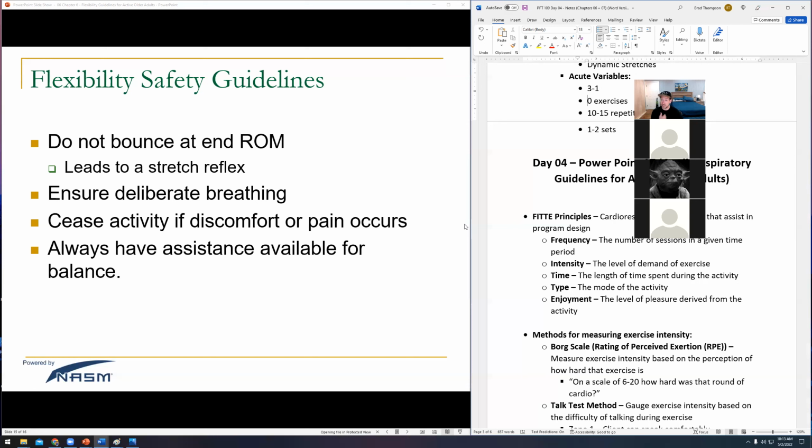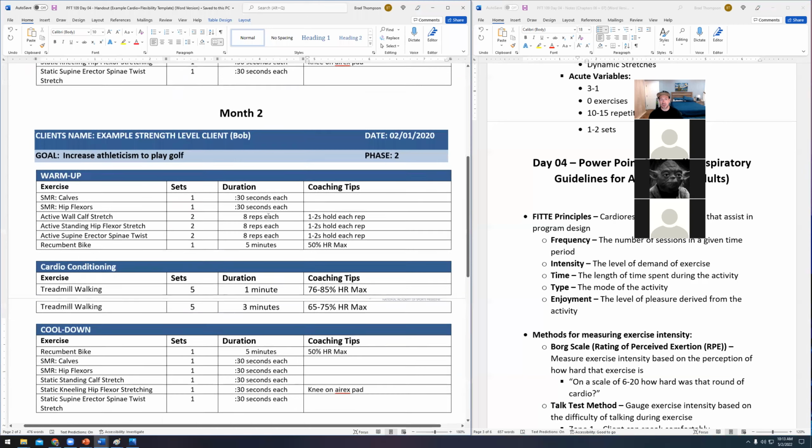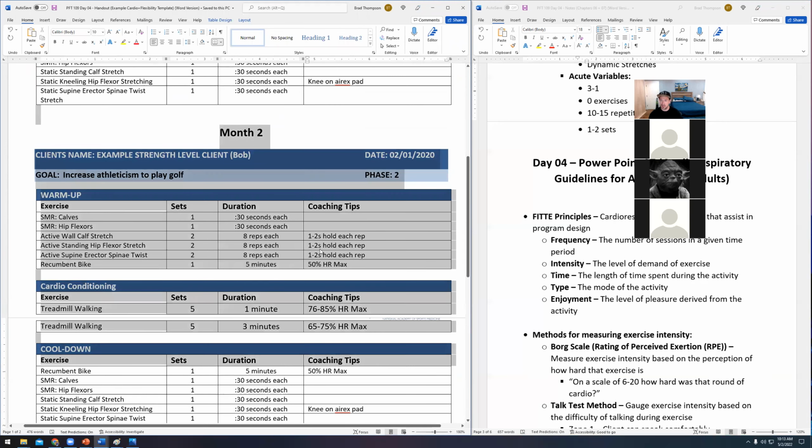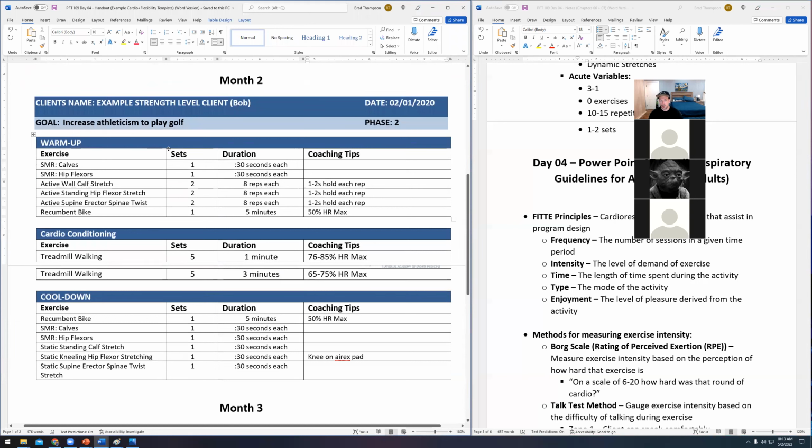But what I do, the reality is I build a lot of blended routines. So if I had a client that I'm doing some heavy strength training with, chances are I'm building mostly a strength routine, something that looks very much like month 2 here. But if I still know they have really tight calves, and let's say their hip flexors are no longer a problem, well, then I just do this.